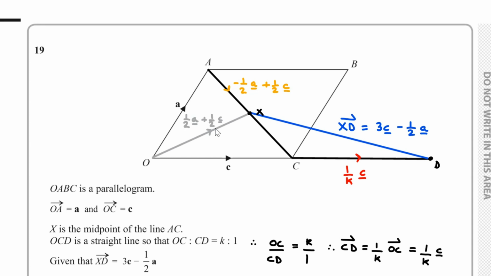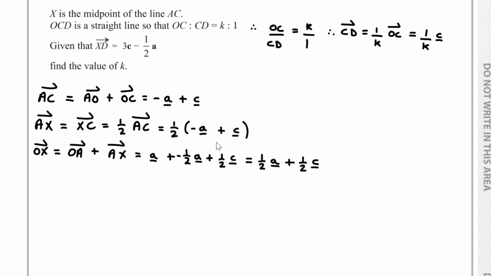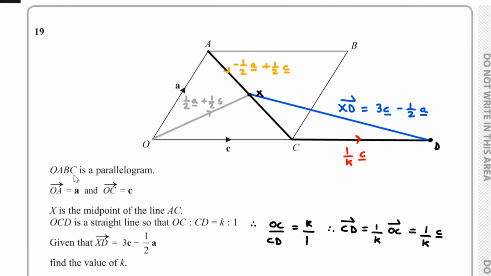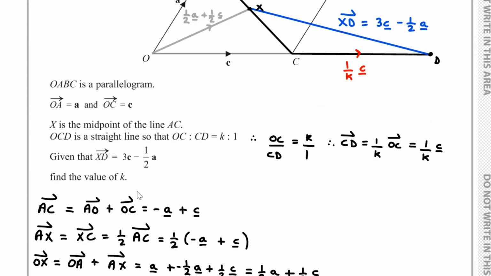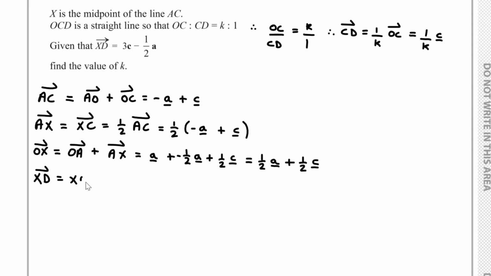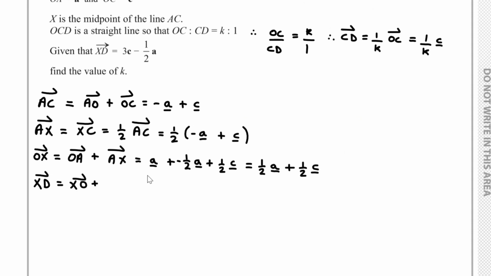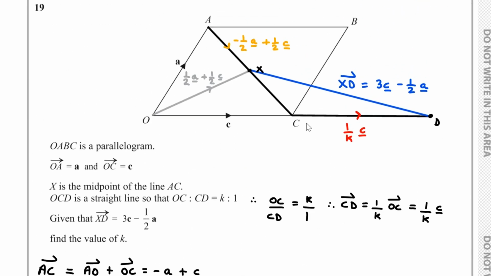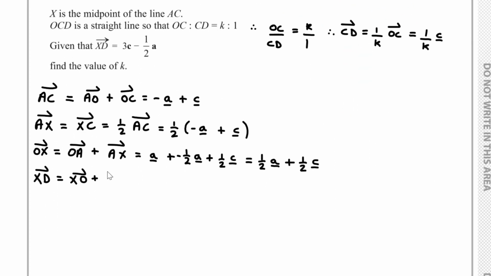Now we can find out what XD is in terms of all of these as well. So XD, if we work out what XD is, XD is equal to, well, starting at X finishing at D, we've got XO plus OC plus CD.